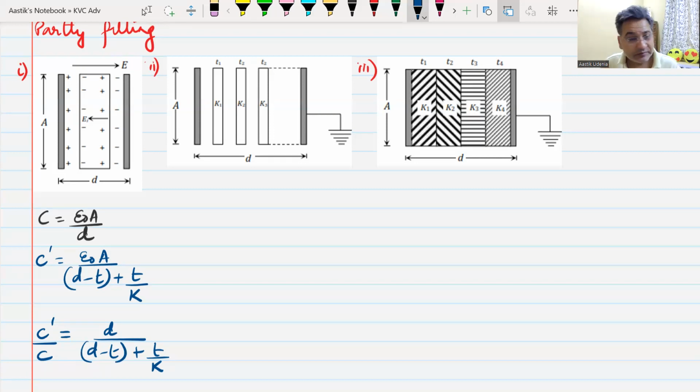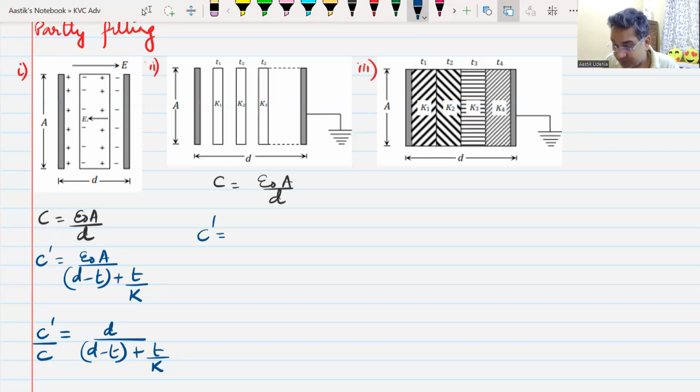You understand this formula here? Take a good look at this and remember this formula. This is the formula for the first case. What is the formula for the second case? The original capacitance is epsilon naught A by D. The new capacitance here in this case, C dash.